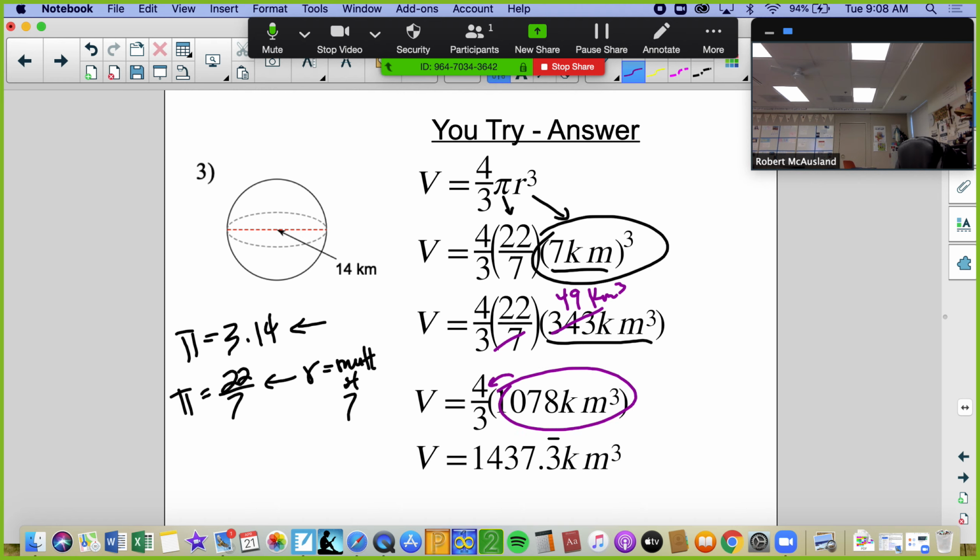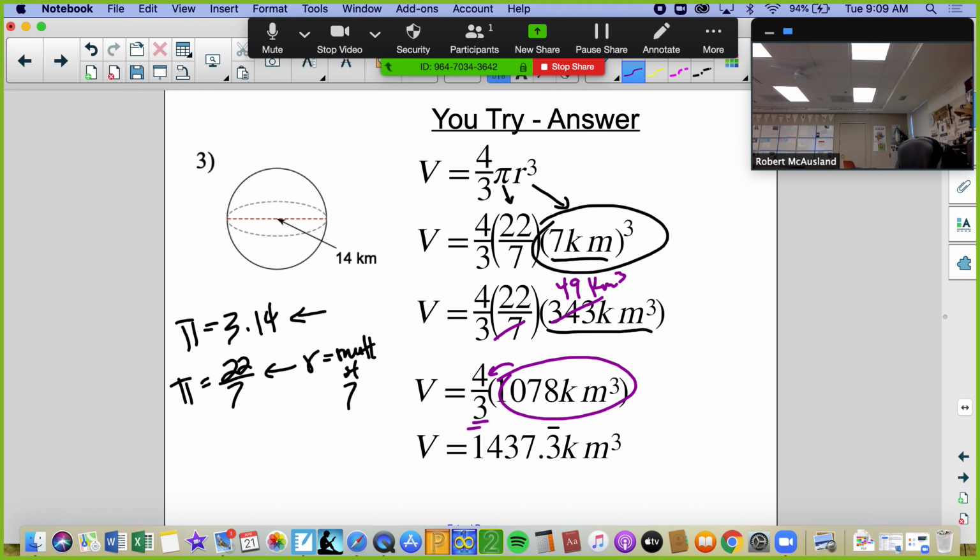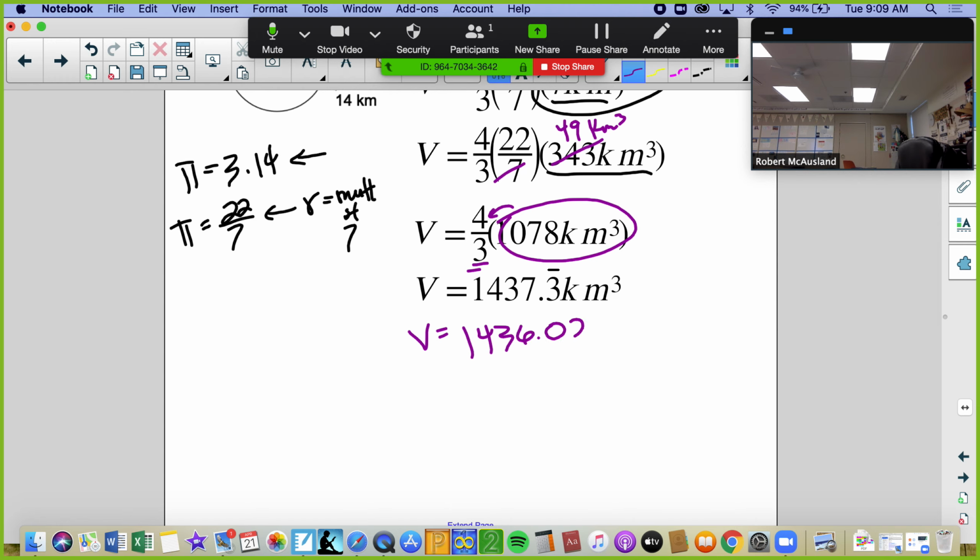I didn't do the value. I guess I could do it real quick. Let's clear it. So we would get 343 times 3.14 equals, times 4 equals, divided by 3 equals. If you use 3.14, then your volume would be, there you go, 1436.026 repeating kilometers cubed.